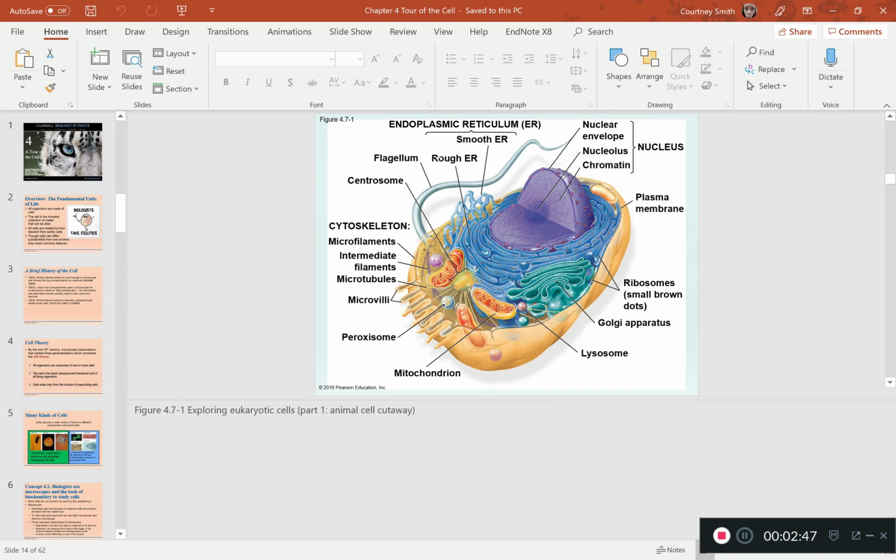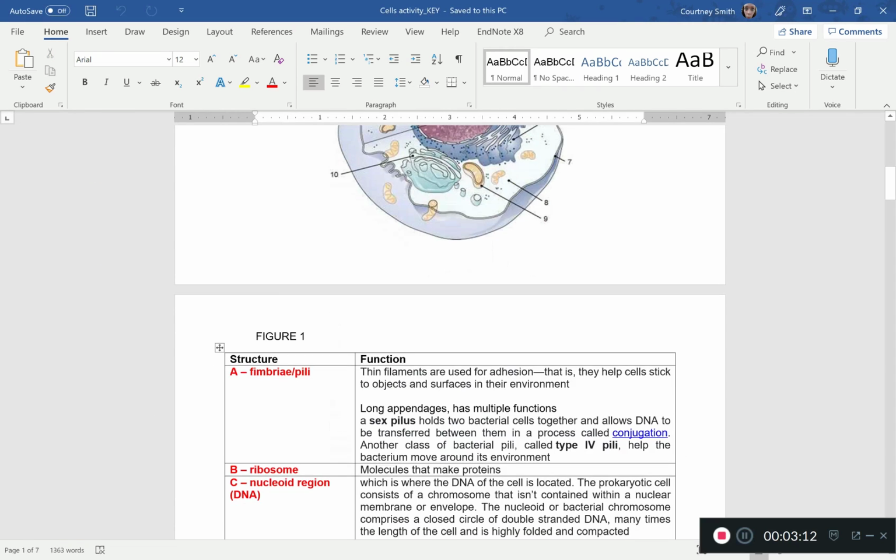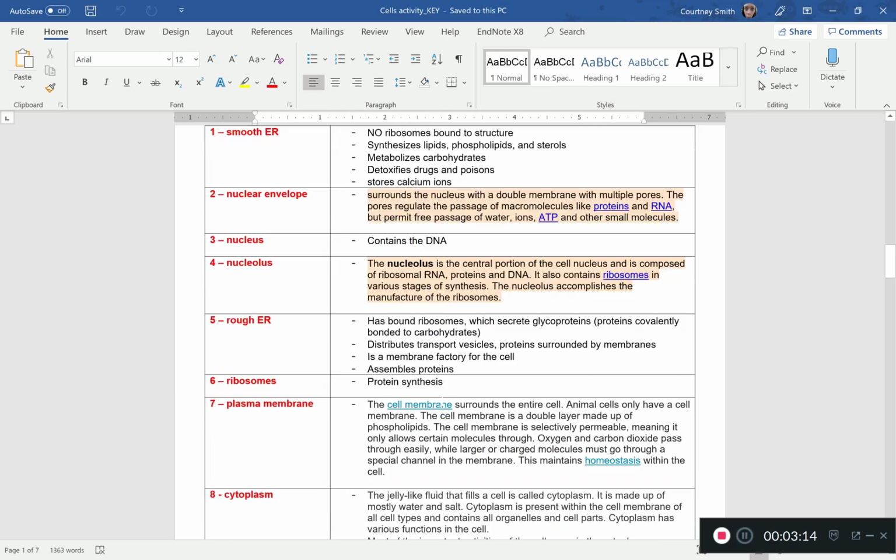Be able to label and recognize all of these components of an animal cell, as well as their functions. What's the function of the rough ER? What's the function of the smooth ER, the function of the nucleus, and so on and so forth. The only ones I am going to ask you about labeling-wise will be what was on that activity sheet. On the activity sheet, I believe it only labeled about 10 parts.